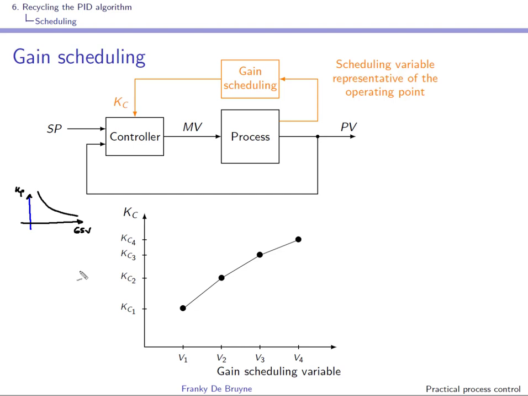So what you can do is work around several working points and obtain the gain experimentally, right? So that you kind of obtain the gain by, for instance, doing an open loop step response around different operating points, and you can then use the gain around the different operating points to come up with a relation that will now link the controller gain to the gain scheduling variable.